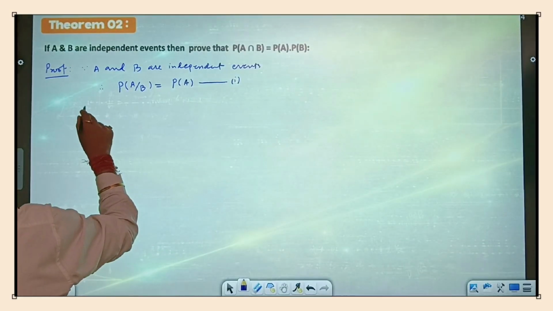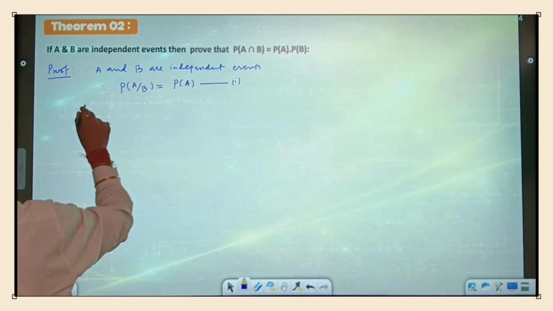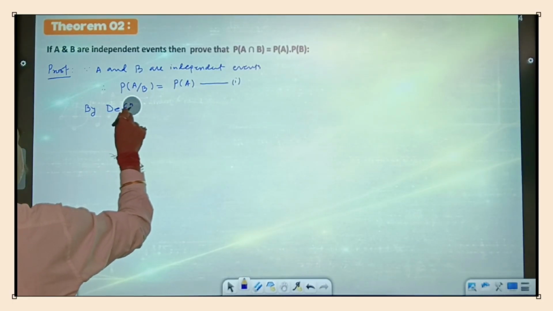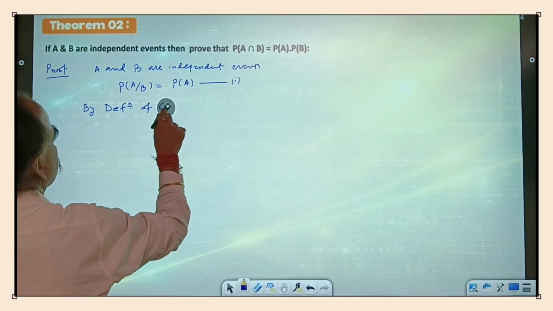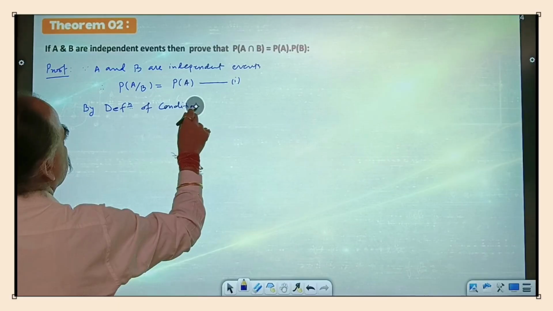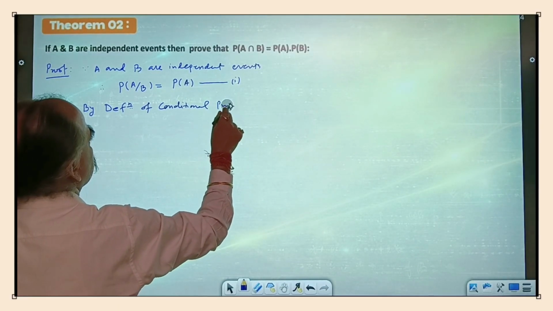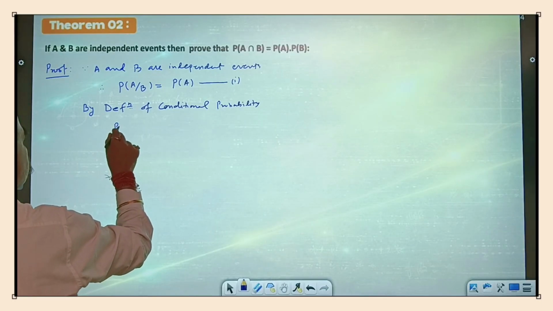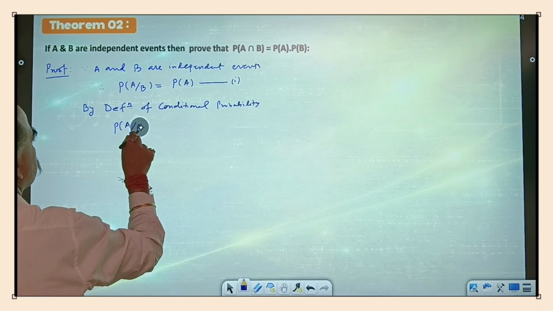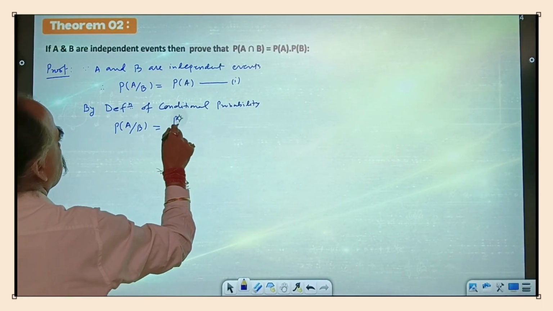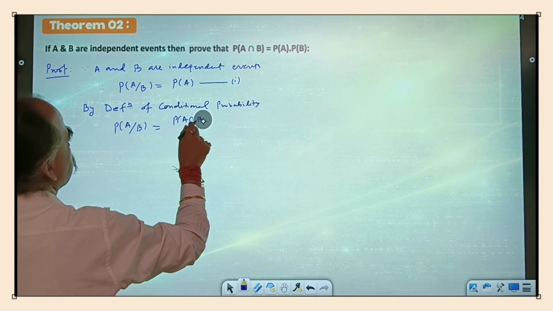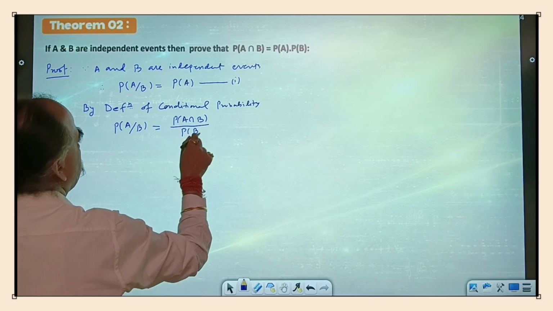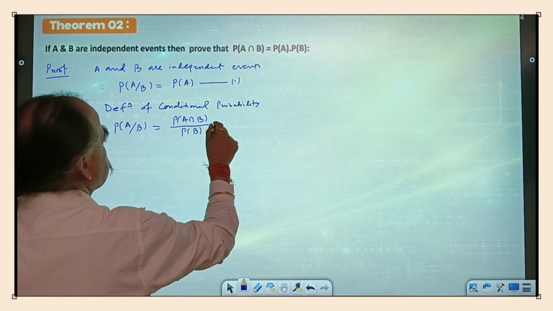This is equation number 1. By definition of conditional probability, P(A/B) is what? P(A intersection B) upon P(B). Equation 2.